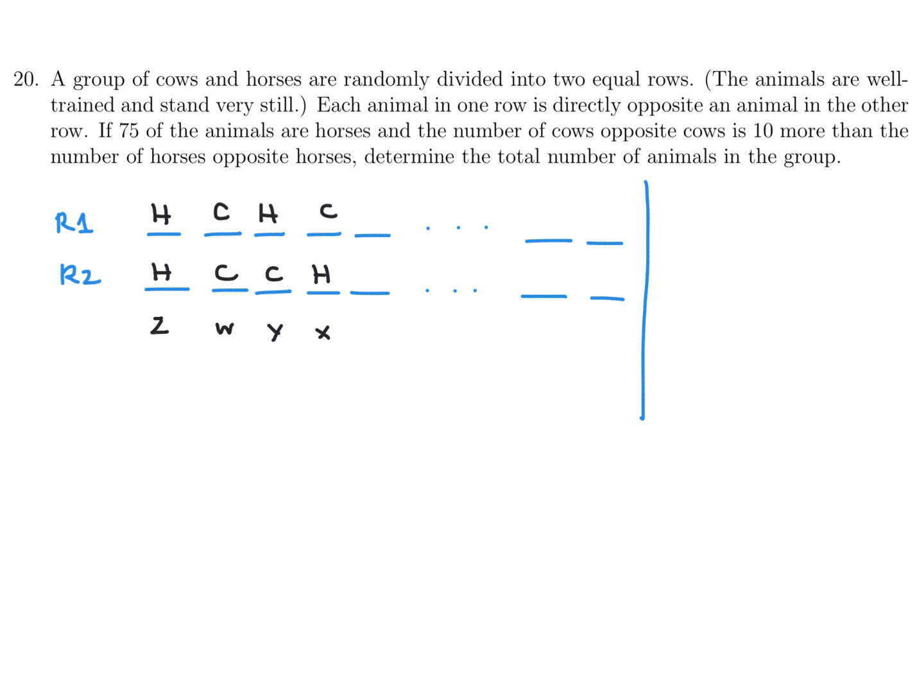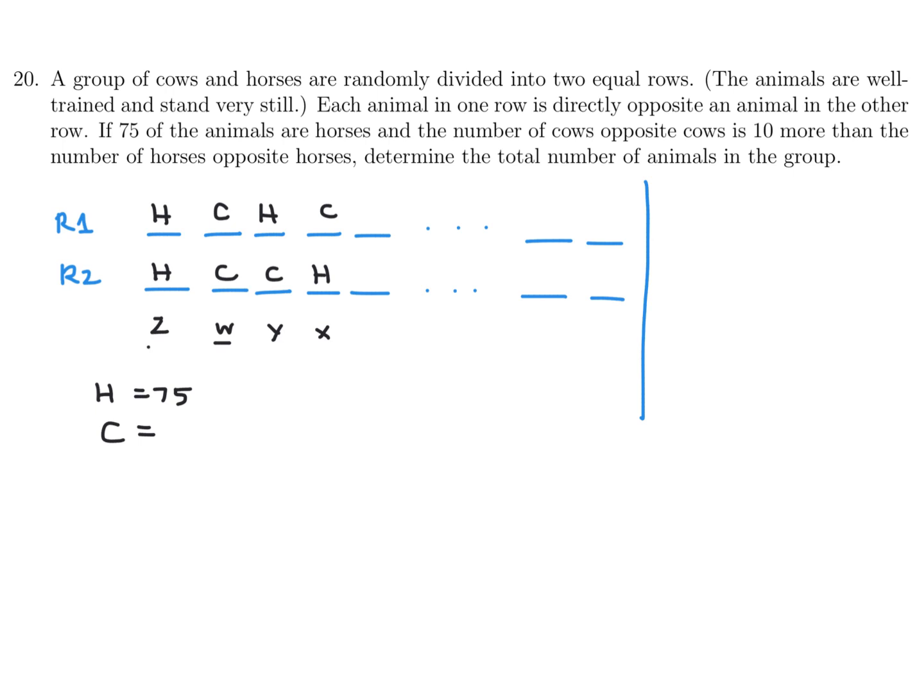Okay, so now let's interpret what they've told me. 75 of these are horses. Let me just write that down. Horses is 75. Number of cows, they don't tell me. But they do tell me that the number of cows opposite cows, which I've denoted as W, is 10 more than the number of horses opposite horses.